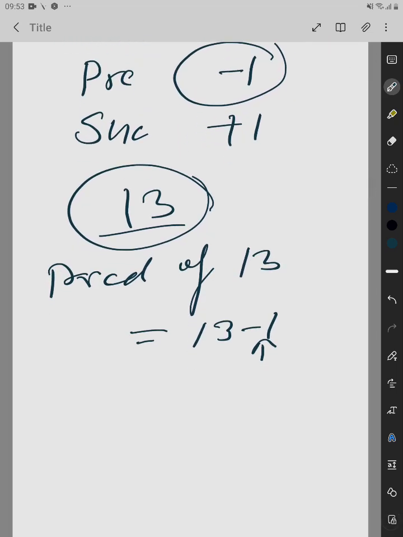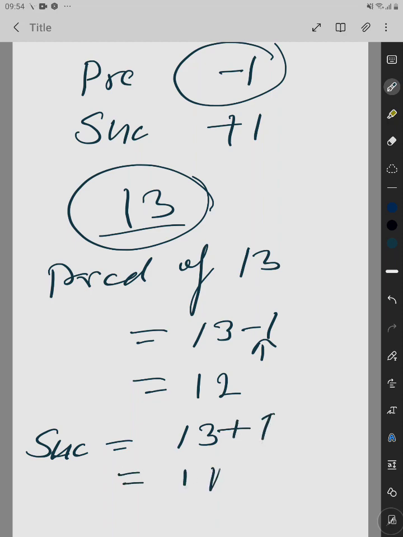You need to understand this concept, that pre means before and successor means after. So the predecessor will be 12, and for the successor you add 1, so you'll get 14. This is the concept of predecessor and successor.